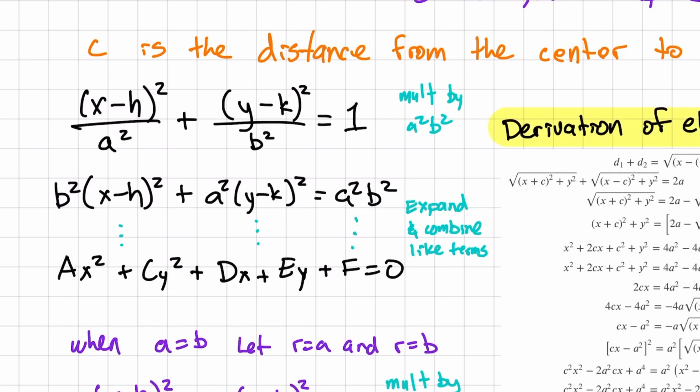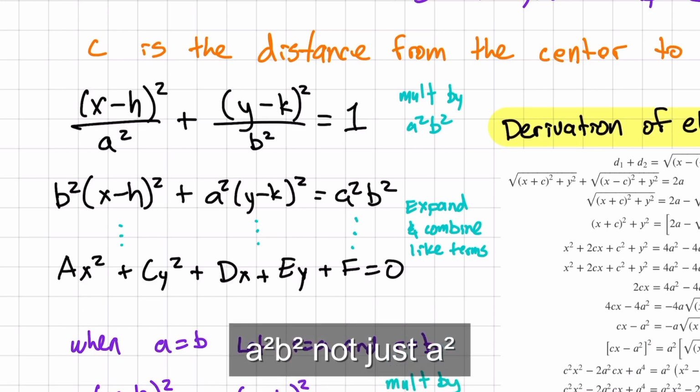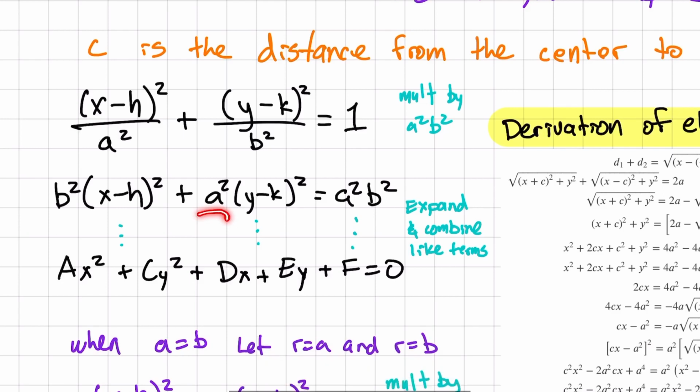Just a note, this ellipse equation is the standard form of the ellipse as opposed to the general form. If I multiply both sides by a squared, notice the a squareds will reduce and I'm left with b squared on the left part. Here b squared will reduce to 1 and I'm left with an a squared.